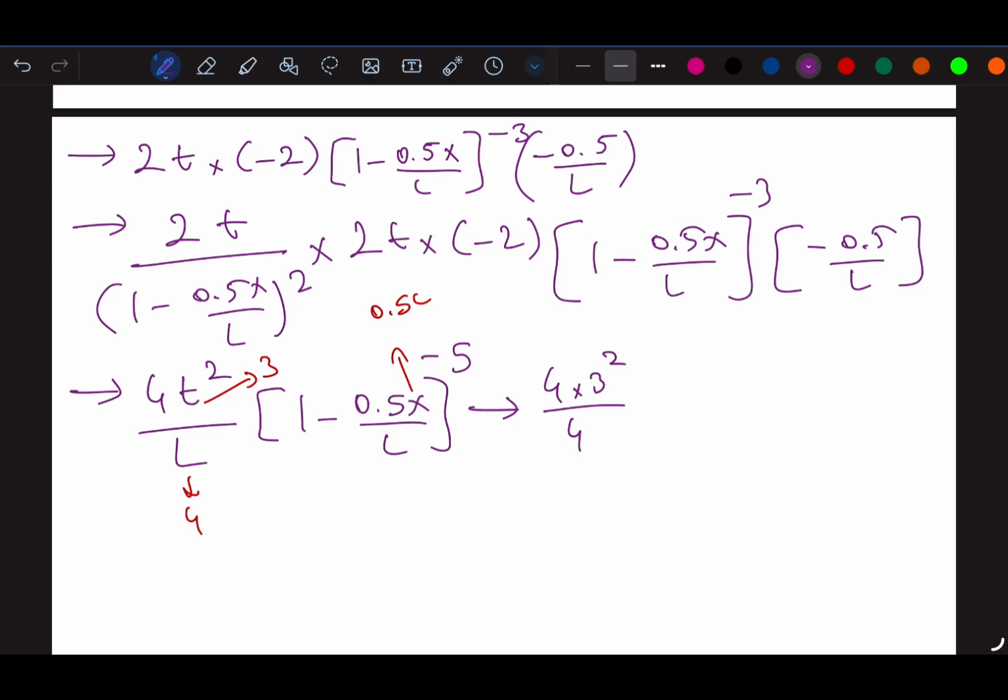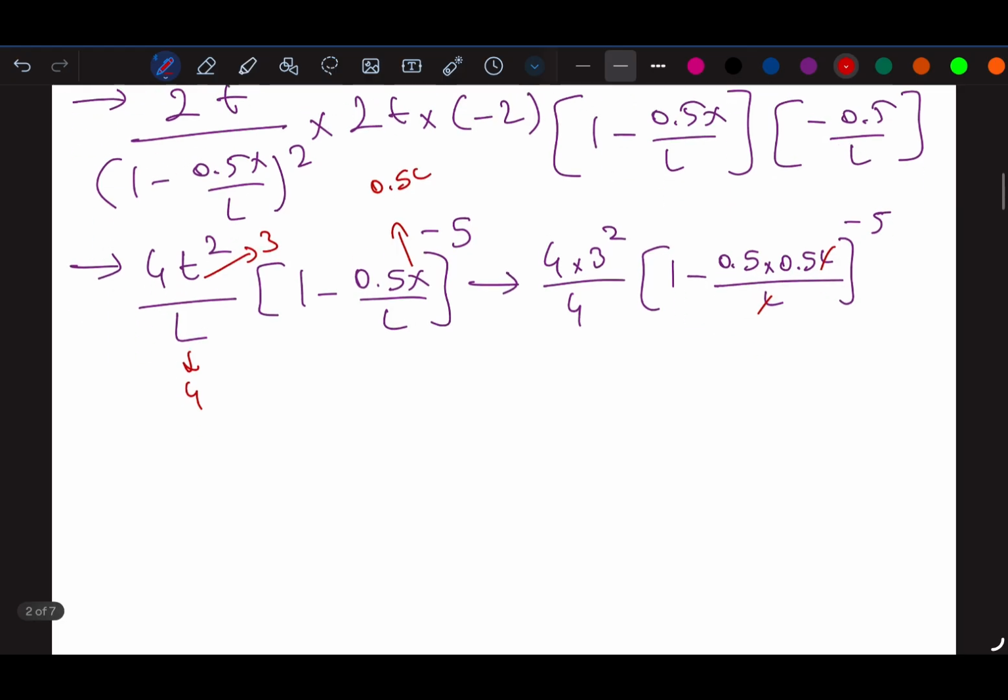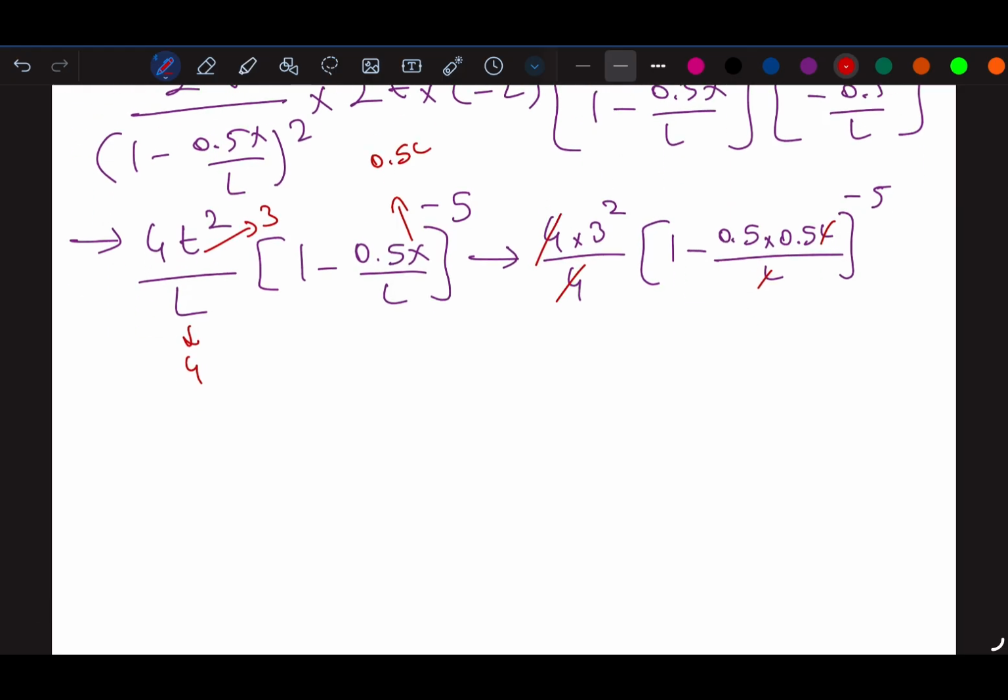So if you continue writing, 1 minus 0.5 times 0.5 L over L to the power of minus 5. So they cancel each other, and we also remove this.